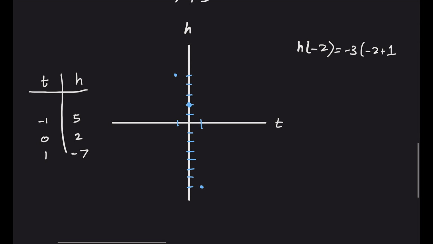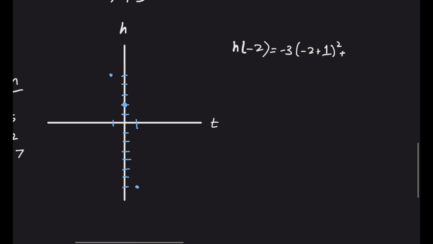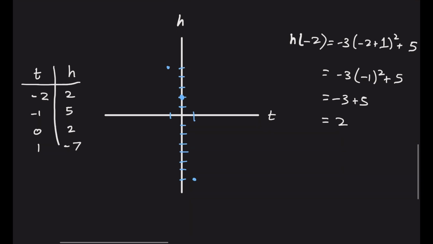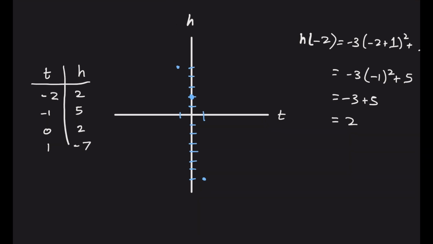But if we do more numbers, then it'll be more clear. So negative 2 plus 1 is negative 1 squared plus 5. Negative 3 times negative 1 squared is just negative 3. So that basically cancels out. Just leaves us with 2. So when t is negative 2, the h value is 2. So let's graph this part. Negative 2, h value is 2.